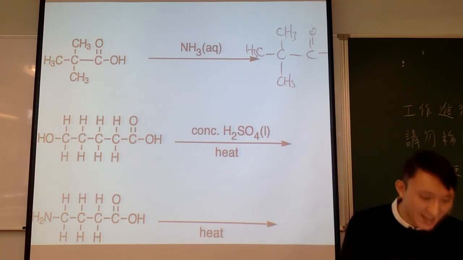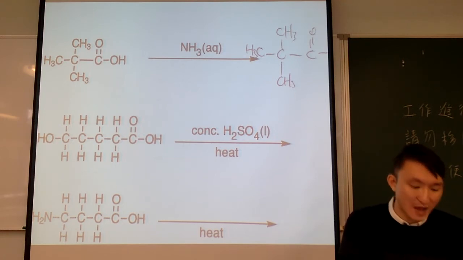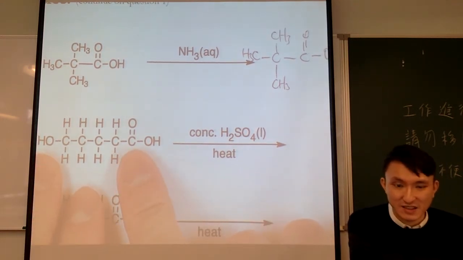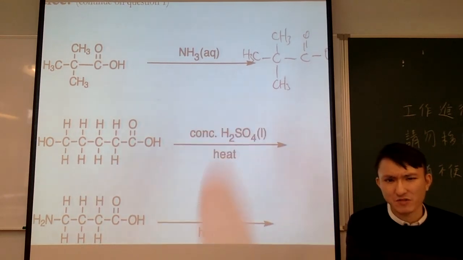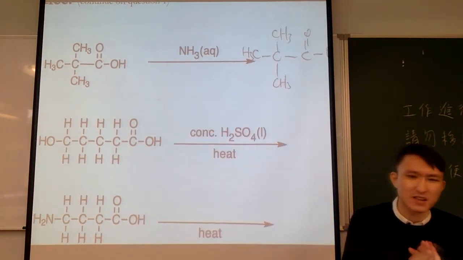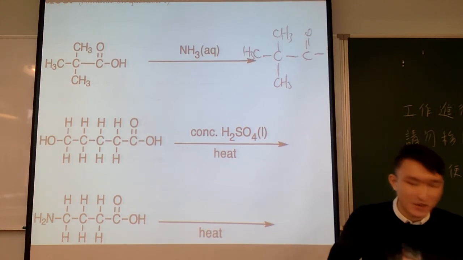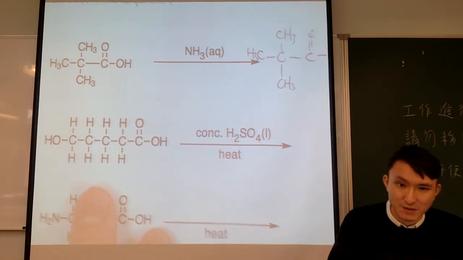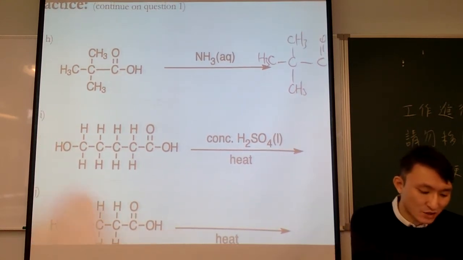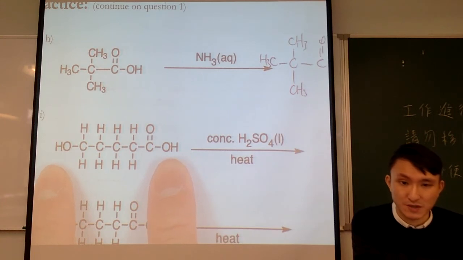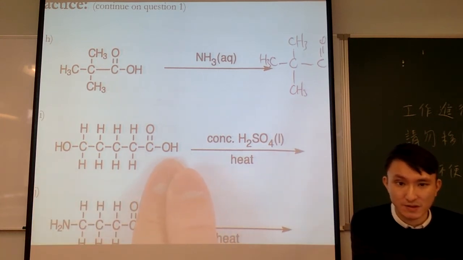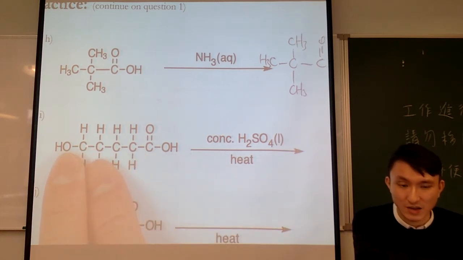So here, actually, we have only one reactant, and we don't have alcohol here, right? So could it be just a dehydration? Now it turns out that if you look at this particular compound, it has two functional groups. It has a carboxylic acid group, carboxyl group, and then it has an alcohol, the hydroxyl group.